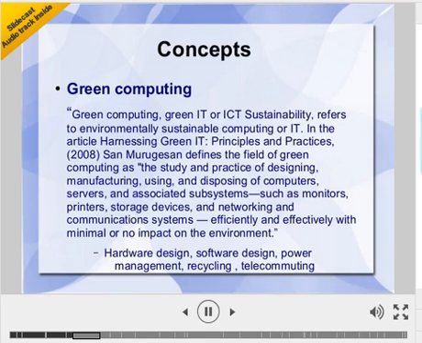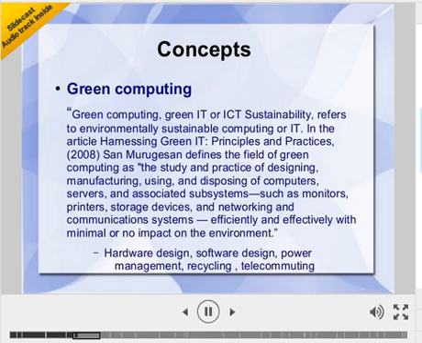Green computing now, we come down to the ICT, and this was promoted by Harnessing in an article called Green IT Principles and Practices. Basically, green computing, green IT or ICT sustainability refers to environmentally sustainable computing.